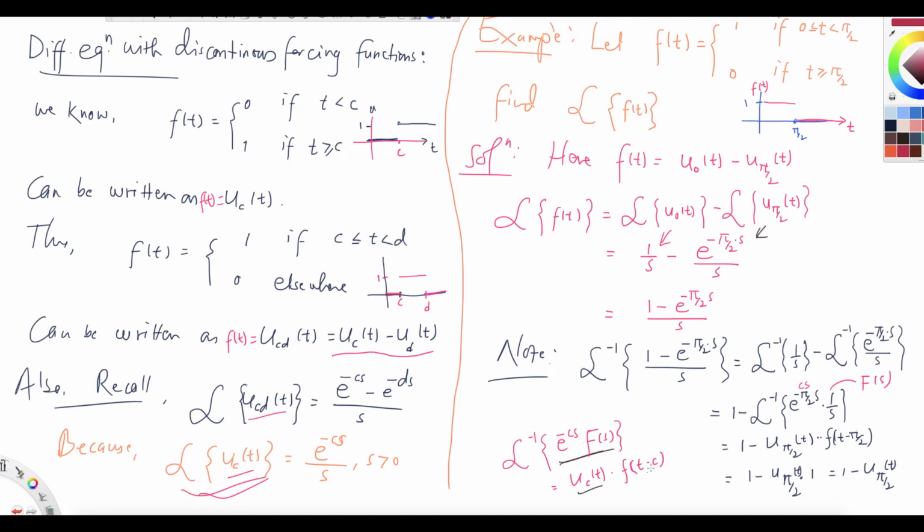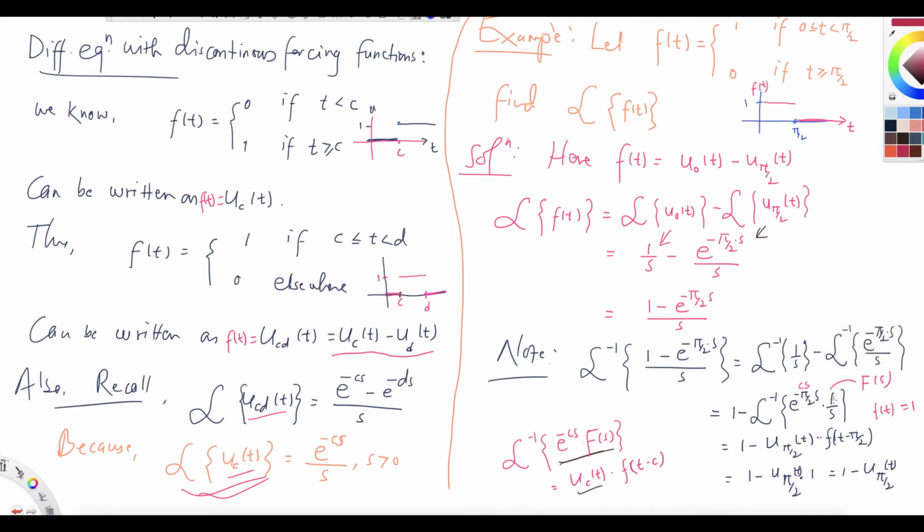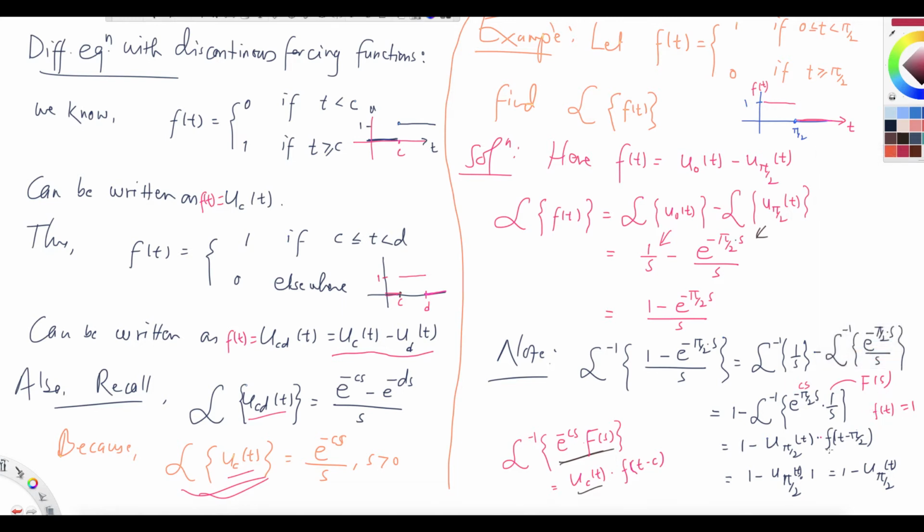You write f(t minus c). You write f(t minus π/2). But what is lowercase f? Lowercase f is 1. Why? Because the inverse Laplace transform of 1 over s is that lowercase f. Okay, that is 1. So f(t) is 1. That's why f(t minus π/2) is also 1. So you can write 1 minus u_{π/2}(t) times 1, because this is also 1 there. Okay, which is 1 minus u_{π/2}(t).